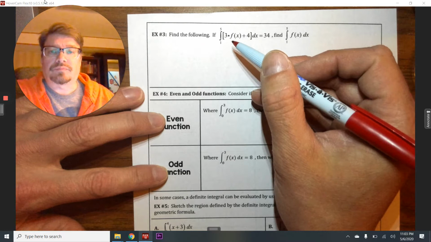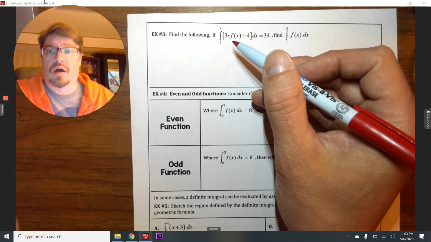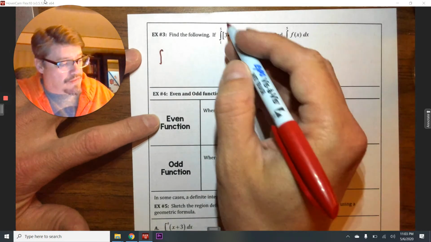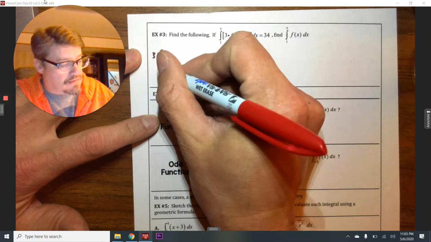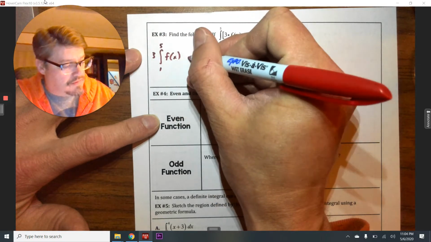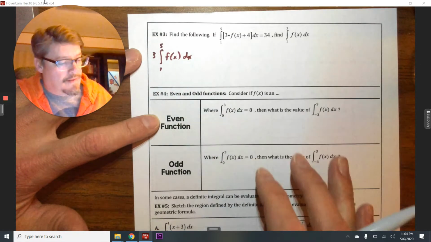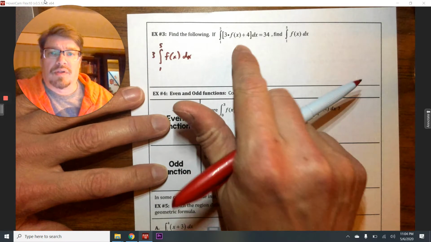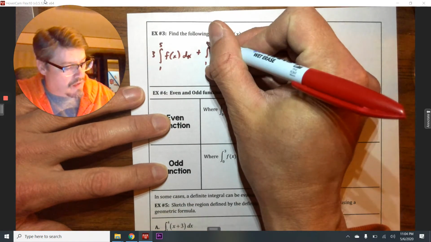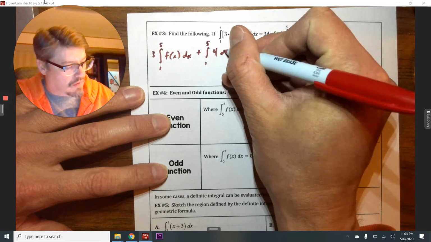So I'm going to rewrite this as a constant times the integral of f of x dx. Then 4 plus the integral of 4.